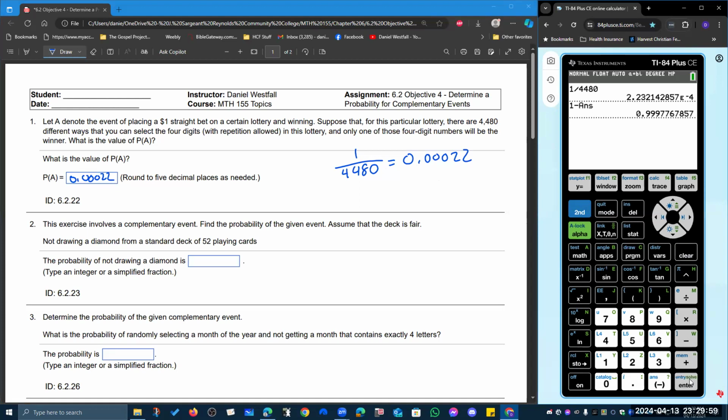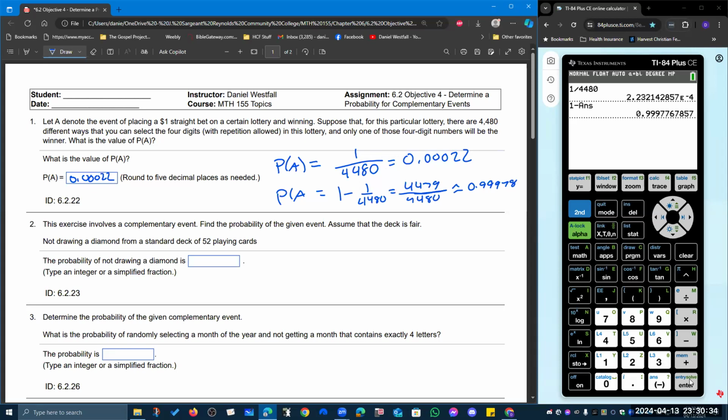So the complement of this, if this is P of A, and we can say complement like this, would be 1 minus 1 over 4480 is 4479 over 4480, which is about 0.99978, just as an example of what a complementary event would be.